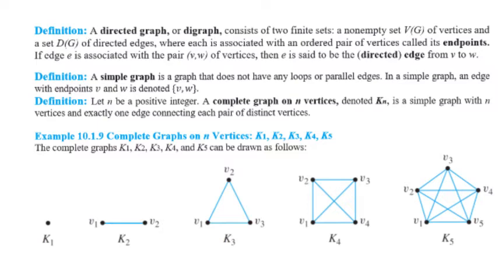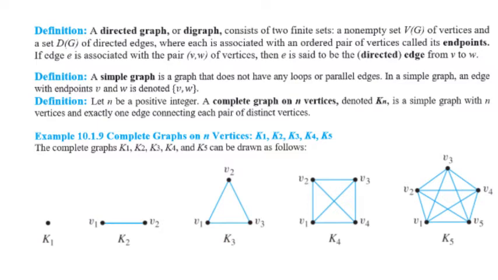As another definition, we define a simple graph as a graph that does not have any loops or parallel edges. So a simple graph needs to be loop free and it does not have any parallel edges, correct?